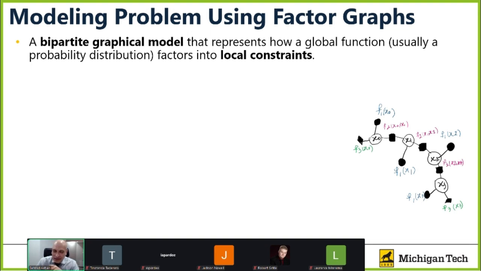But it's bipartite. Bipartite is not good in many societies, but in a graph it's okay. Bipartite means you have two types of nodes. Some nodes are unknown nodes that you want to estimate. We call them states. We draw them with an empty circle, like x0, x1, x3.